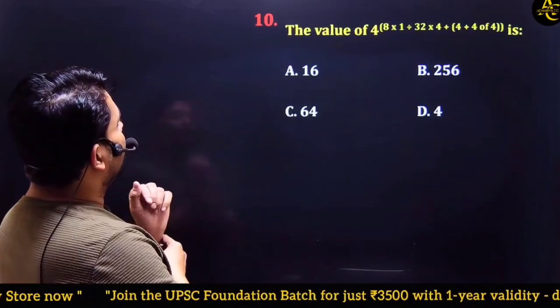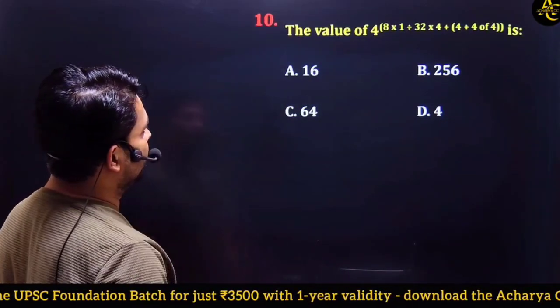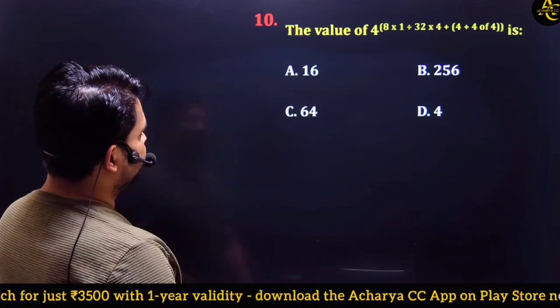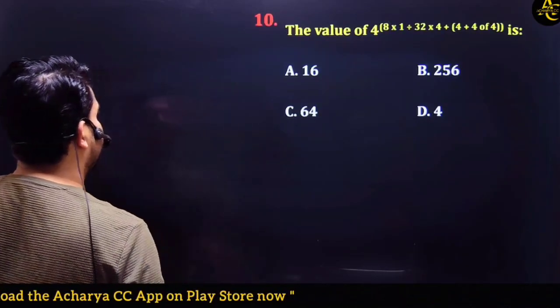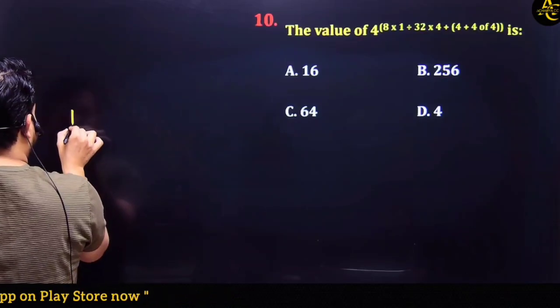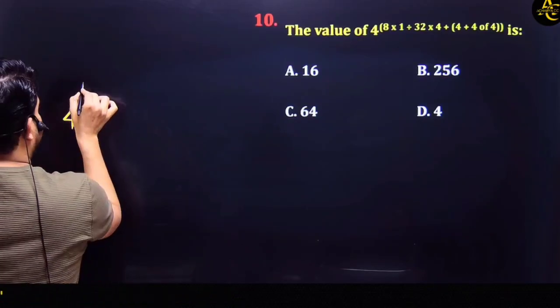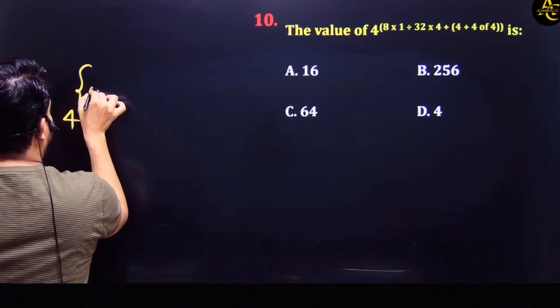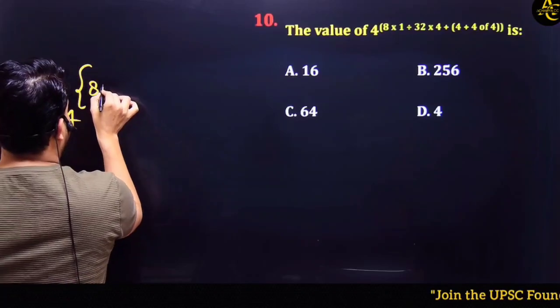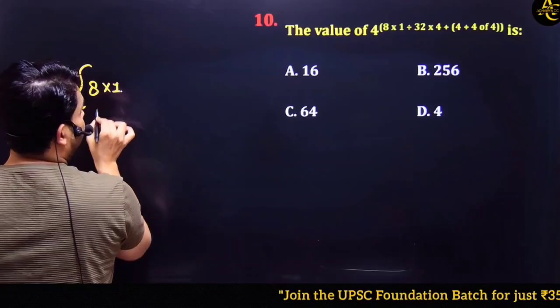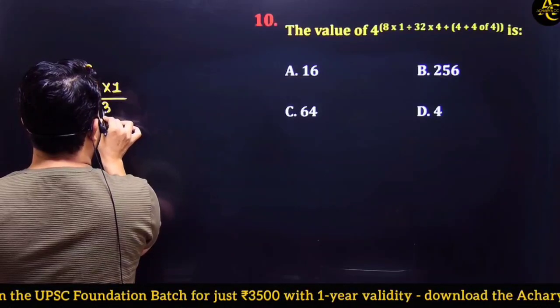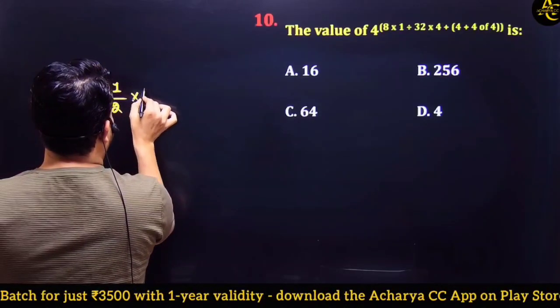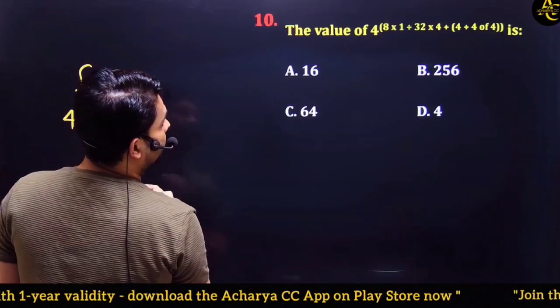The value of 4 to the power 8 into 1 divided by 32 into 4 plus 4 plus 4 of 4. See, we have 4 here, in the power we have 8 into 1. We have to divide it by 32. Then we have to multiply it with 4.